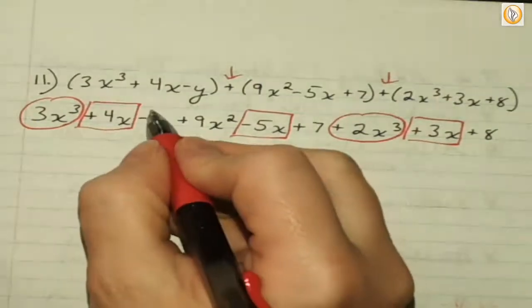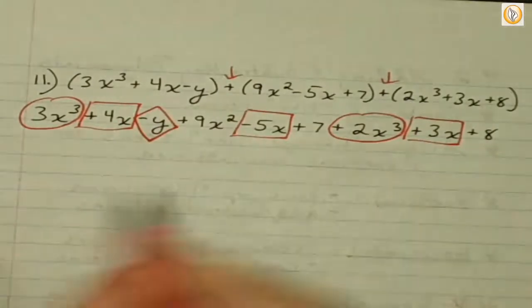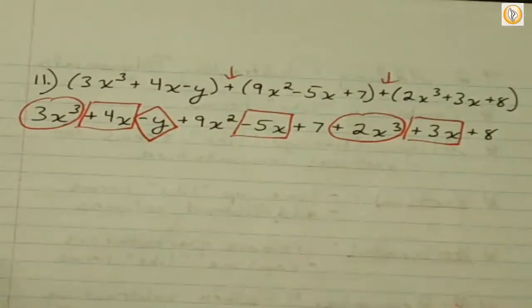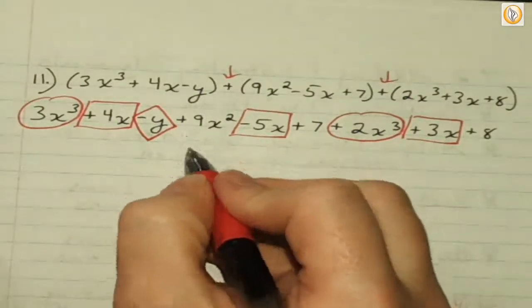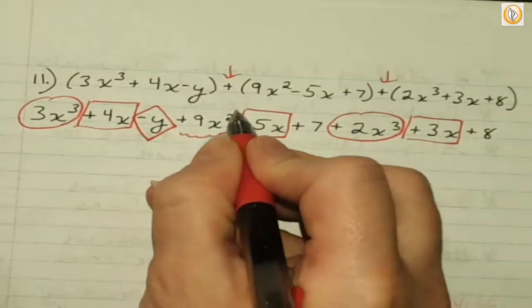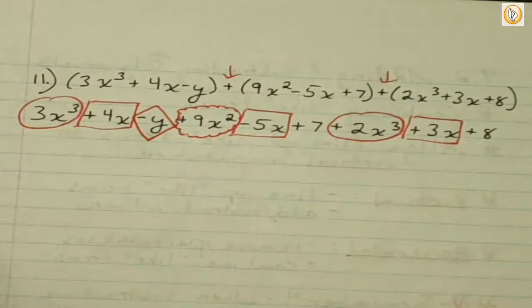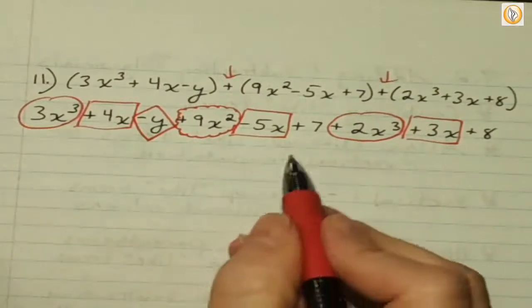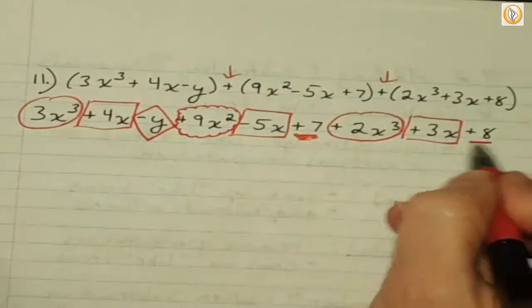I'm going to do a diamond shape for my negative y. I don't have any other y's, so I'm just going to leave that alone. And this 9x squared, I'm going to do like a flower looking thing. There's no other x squared, so I'm done with that one. And then my 7 and the 8 I can combine. I'm just going to do like a line thing underneath it.